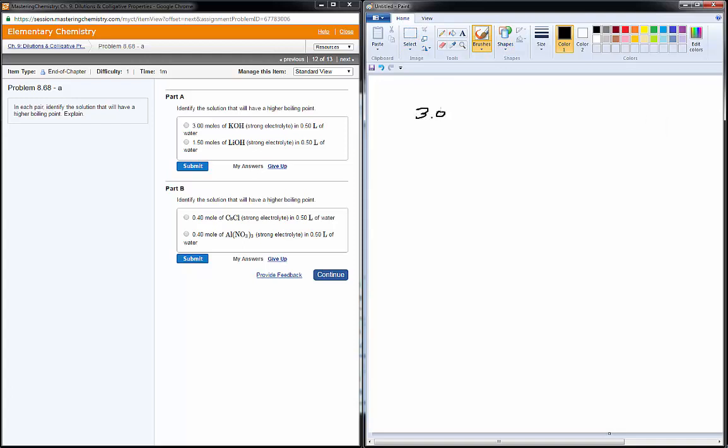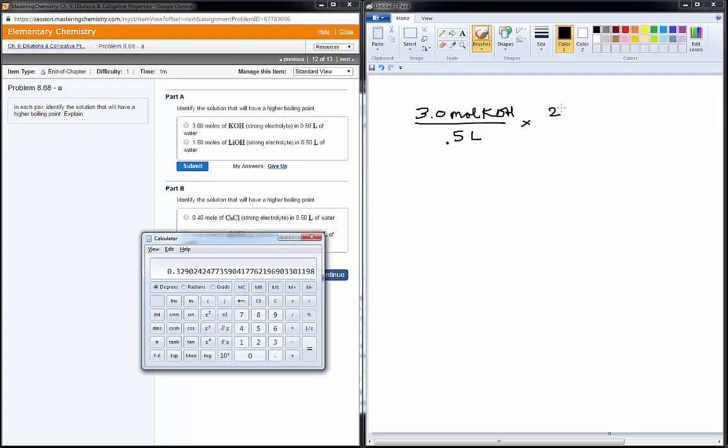3 moles KOH in 0.5 liters. Multiply it by 2, and that gives me a 12 osmolar solution.